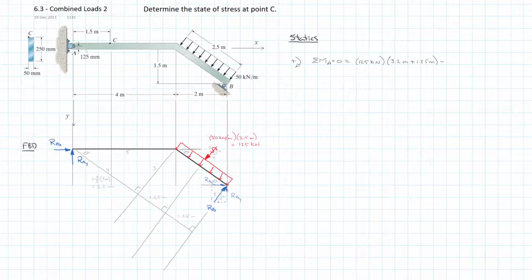And then going counterclockwise is our reaction at B. And our reaction at B multiplied by its perpendicular distance would be the sum of the 3.2 plus the 2.5, or the 2 times 1.25. So 3.2 meters plus 2.5 meters. And run those through our calculator, we can get RB is equal to 97.59 kilonewtons.